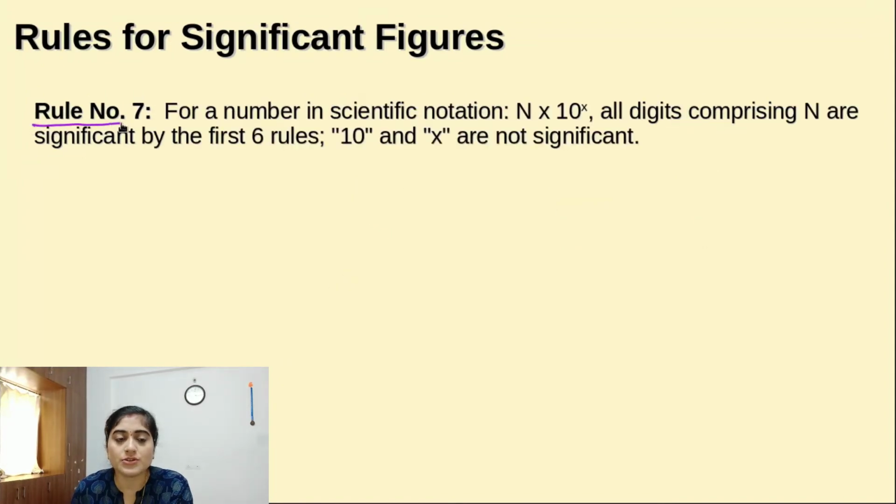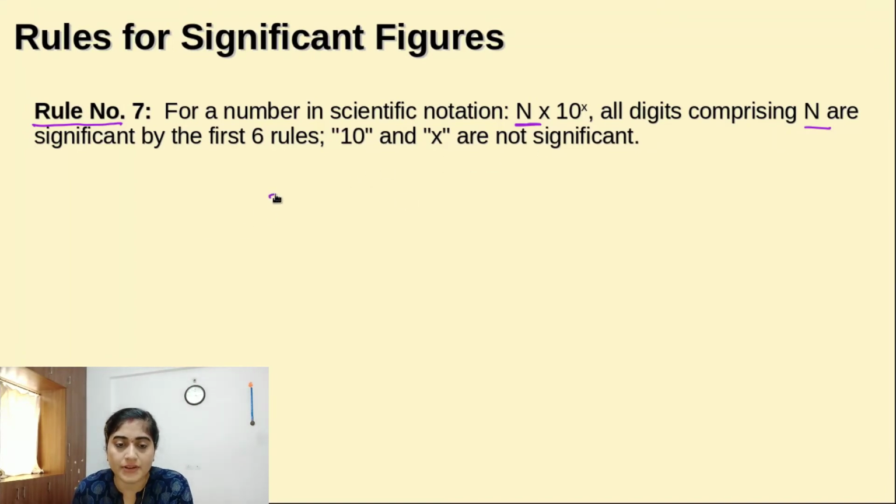Now the next rule is rule number 7. For a number in scientific notation like n into 10 to the power x, all digits comprising n are significant by the first 6 rules. Whatever n value is there, according to those 6 rules, that will give you the significant figures.